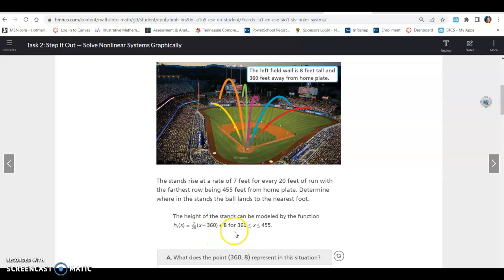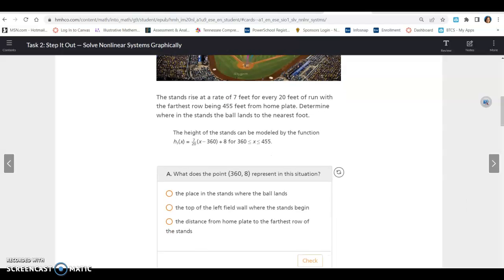And it says for all x's between 360 and 455. This is because the stands are at least 360 feet away from home plate. And then it also says that the furthest row is 455 feet. So in order to hit a home run, the domain has to be between 360 and 455.